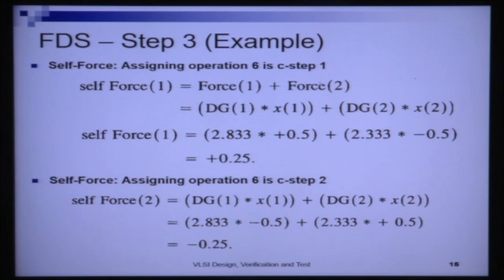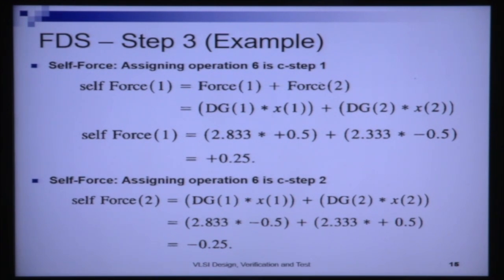The self force for assigning operation V6 at C step 2. We found the self force for assigning operation 6 in C step 1, and now what is the total self force for assigning operation 6 in C step 2? The total self force is given by, again, dg of 1 into x1 plus dg of 2 into x2. So, what does this give me? Here the dg remains the same, 2.833. However, now I have not scheduled the operation V6 in time step 1.